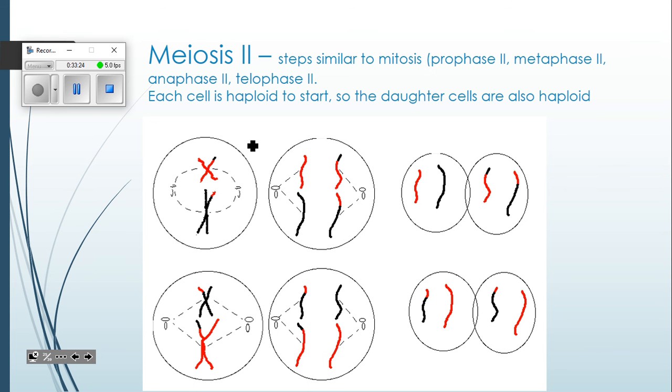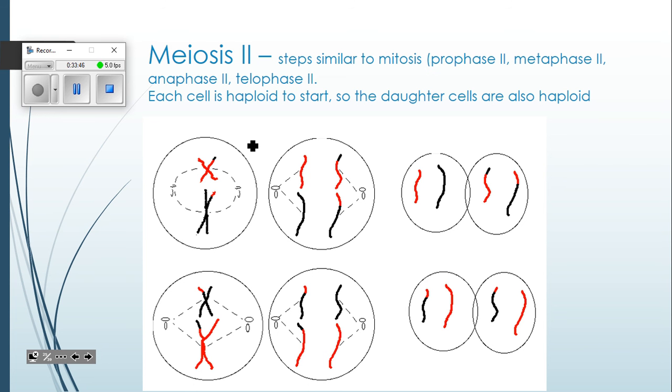In meiosis, the cell is diploid up until the end of meiosis 1. Then it's haploid for meiosis 2. In mitosis, the cell's diploid, and it stays diploid.